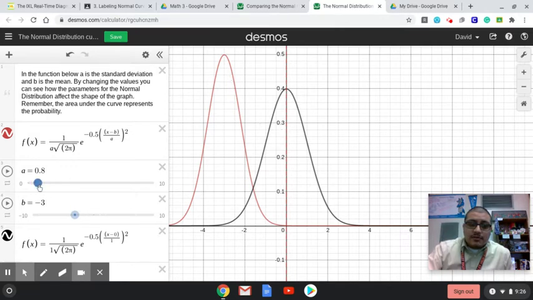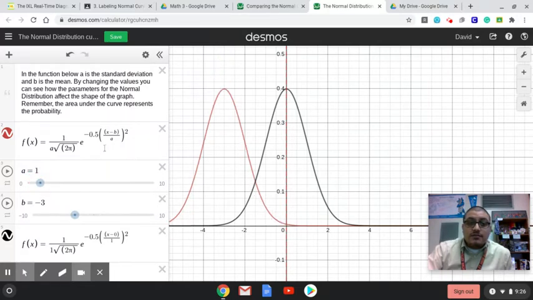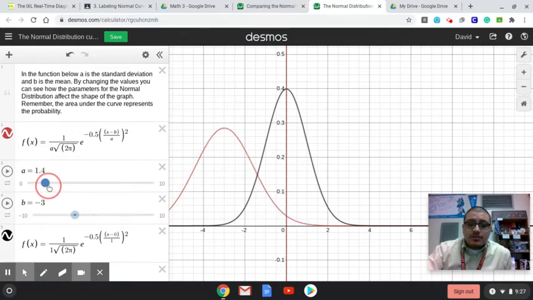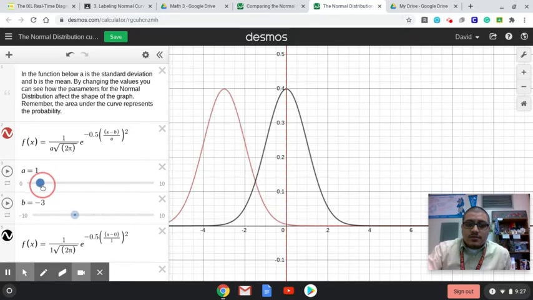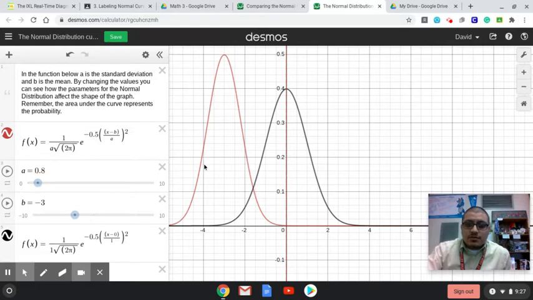And then the other thing is A. A is the standard deviation. You can see as the standard deviation goes up, it gets wider, and the top of the graph goes lower. And as the standard deviation decreases, you see that the normal curve gets squeezed in, and basically the peak of it is higher.